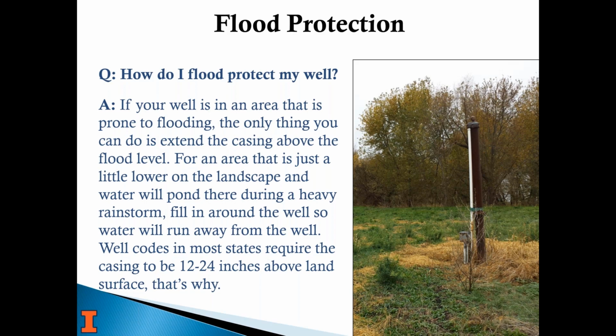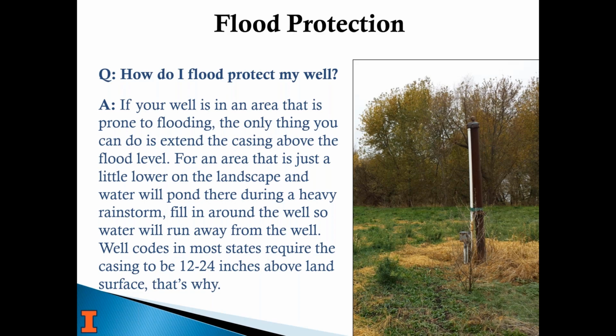If you're not in this situation, but maybe it's a lower spot on the landscape, or a low area in your yard where water tends to pond when there's a heavy rainstorm, then the thing to do is to raise the ground up around it. A best practice is to have mounded soil around your well so that water's running off in every direction.